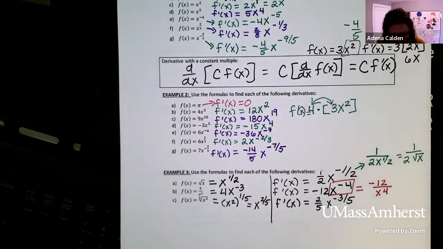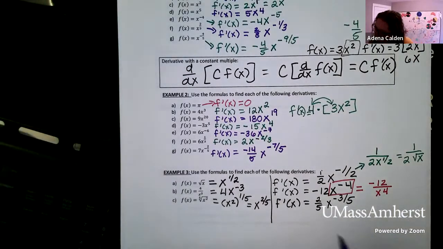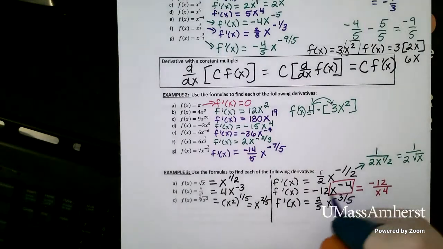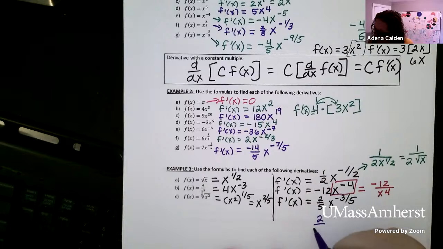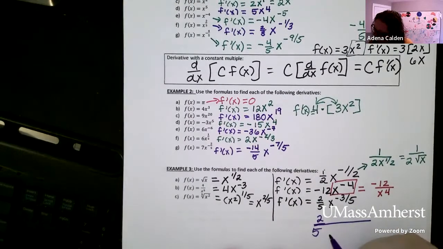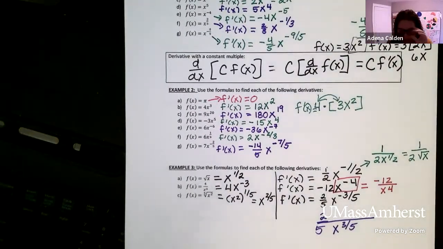Now let's look at the last one. We have 2/5 x to the negative 3/5. Again, we're going to start by making this power positive. So we have 2/5, and now we're going to bring this down to the bottom. So we have x to the positive 3/5.